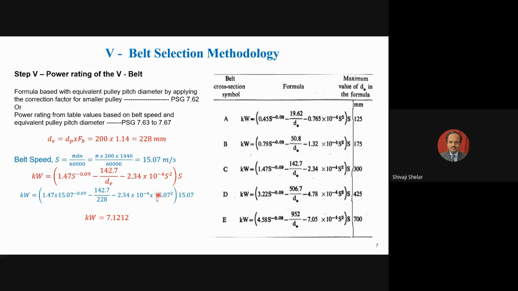Instead of using this formula, you can directly use a table, and from that table you can get this value. You may need to do some interpolation in the table. Your value has come around 7.12. Let's see how you can refer to it in the PSG data book.